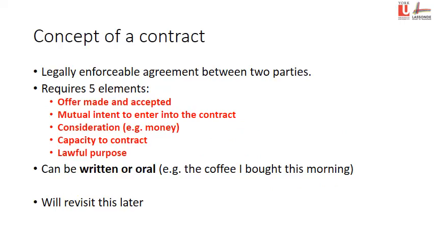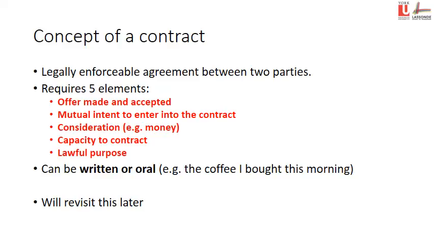The next few slides go through some high-level concepts which we will revisit in subsequent office mixes. To have a contract between parties, there have to be 5 elements present. An offer of goods or services has to be made and accepted. There has to be intent of both parties to actually enter into a contract.